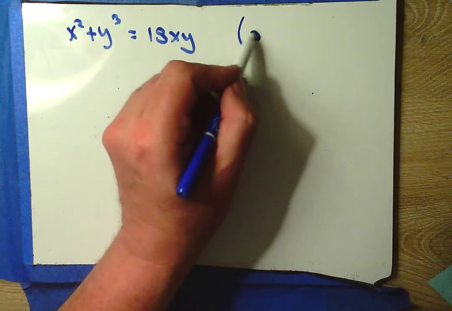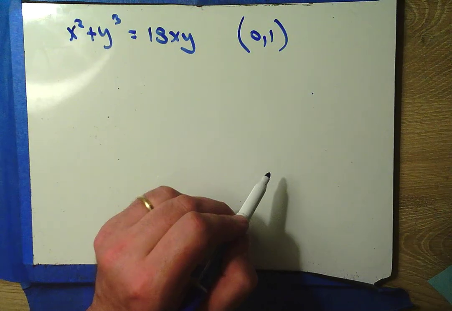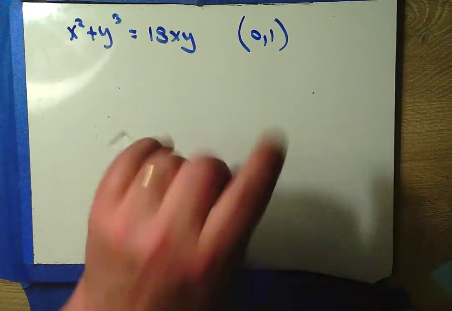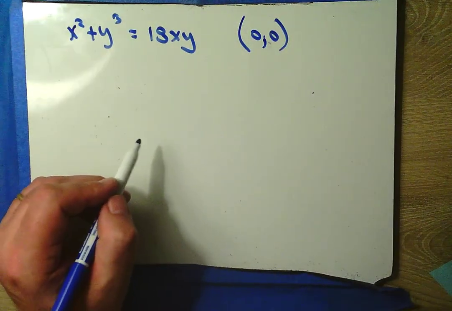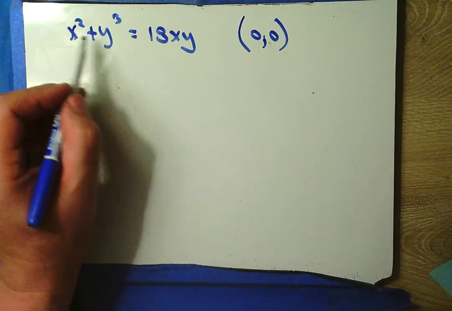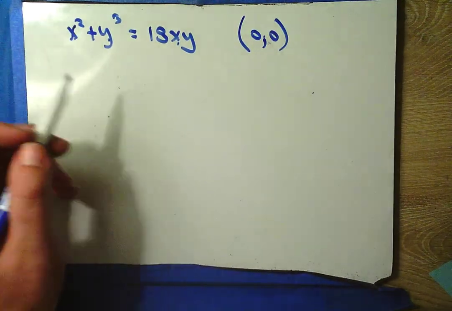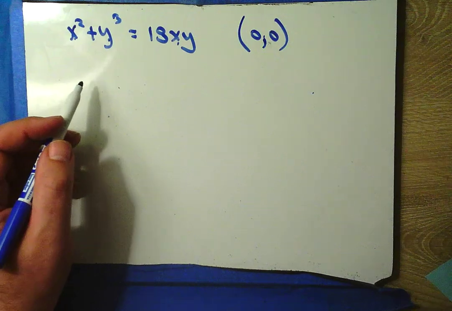Oh, yes, it does. At 0, 1. Okay. But no, that doesn't make sense. At 0, 0 is what I'm going to go with. There we go. Okay, so I first need to, because if I plug a 0 in here and a 0 in here and a 0 in here, I get 0 equals 0, so I know that the stuff is equal to each other. All right, good.